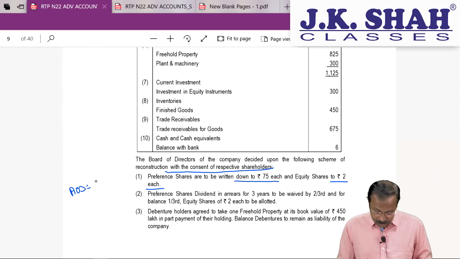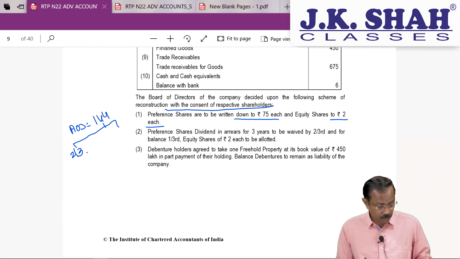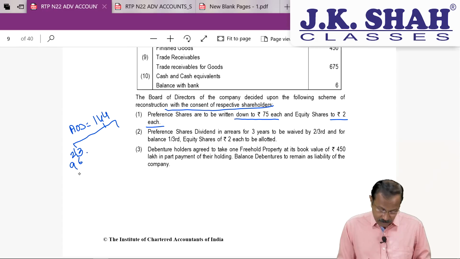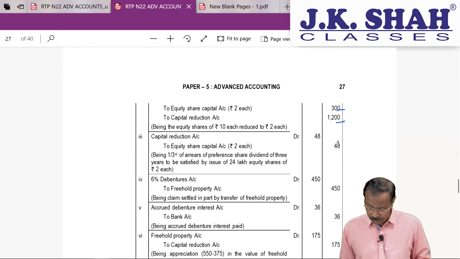So total arrears is 144. 2/3, 96, waived, no entry, and this will be 48, 1/3. How do we pay them? By issuing equity shares of rupees 2 each. Very simple entry. Capital reduction account debit to equity share capital 48. Remember.